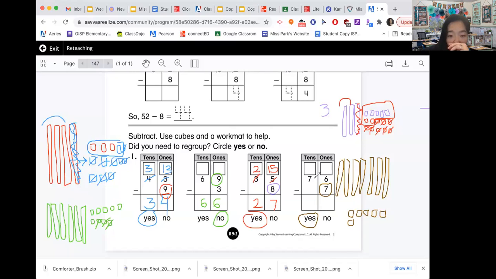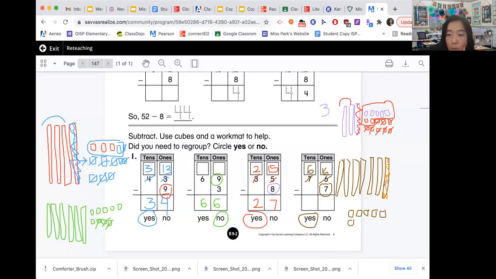So we're gonna borrow from the 7. 7 becomes a 6, and then we add 10 more to 6, and 6 becomes a 16. So we take away this one.